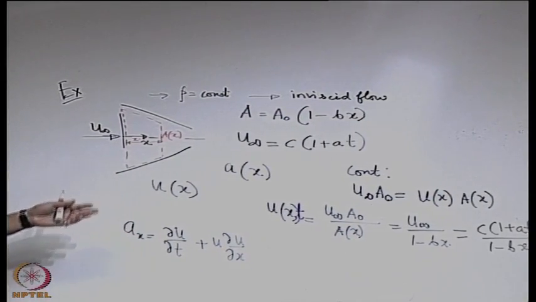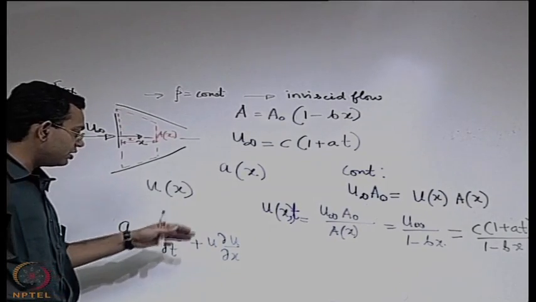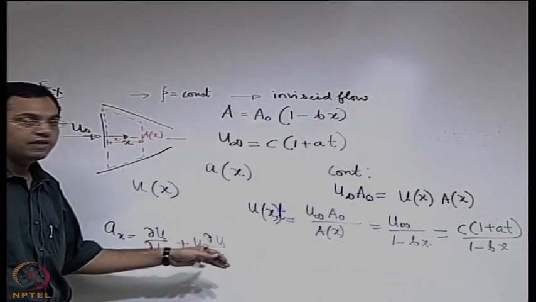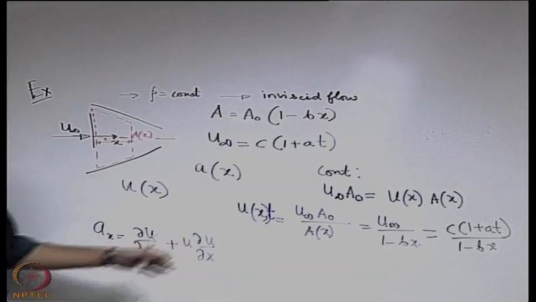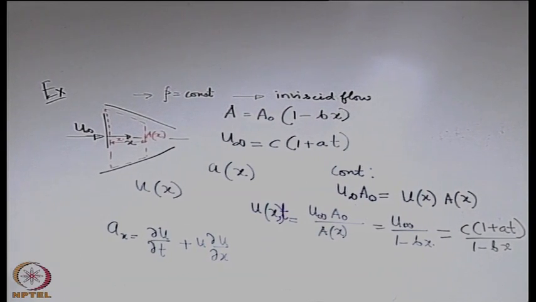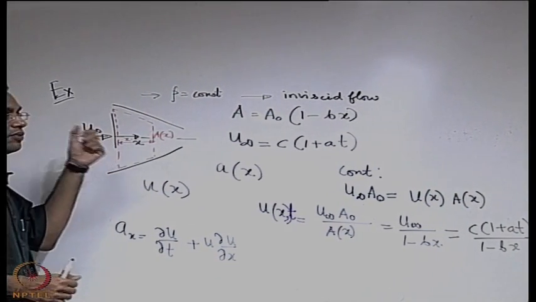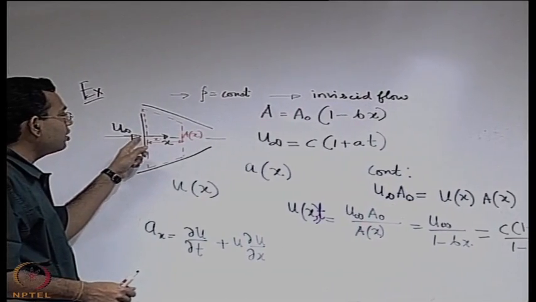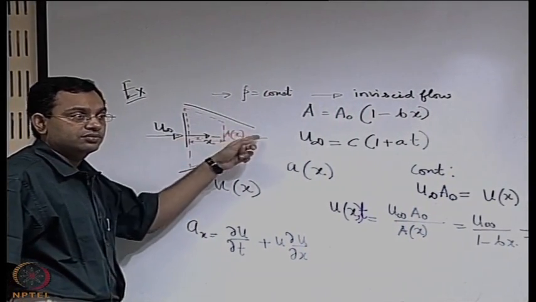So here you can see an example where you have both the temporal component as well as the spatially varying component of the acceleration. Given this acceleration, it is also possible to find out how much time a fluid particle will take to traverse from one end of the nozzle to the other.